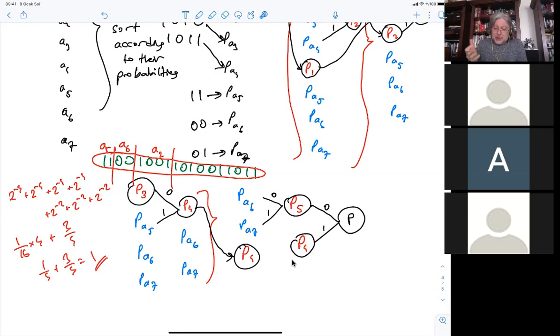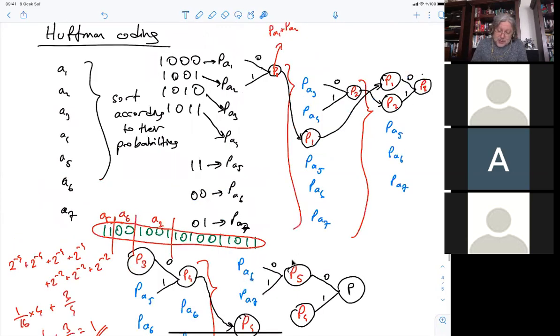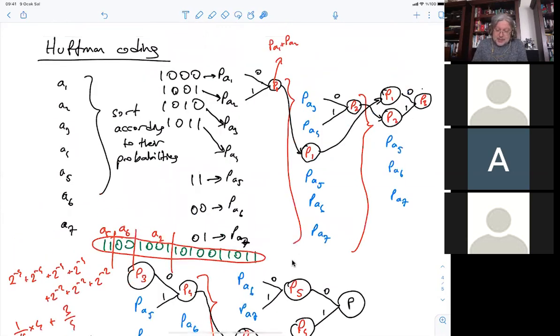Because that small file could also have, by coincidence, A1 and A2 and A3, which are length 2, and A4, length 4, which is inefficient actually because there are only 7 symbols. So it would be enough for me to represent everything with 3 symbols.